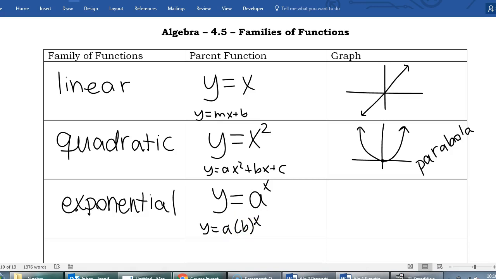But a or b could be any value. You can have other numbers in there as well, but anywhere you have a power of x, that's going to be an exponential function. And the graph of that kind of looks like a rocket ship taking off. It's blasting off and then takes off to the sky there.